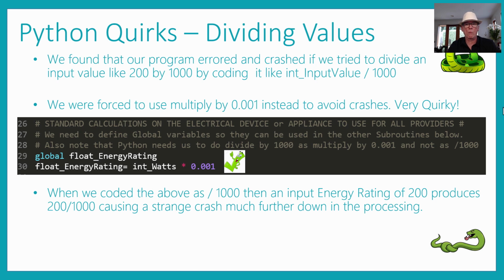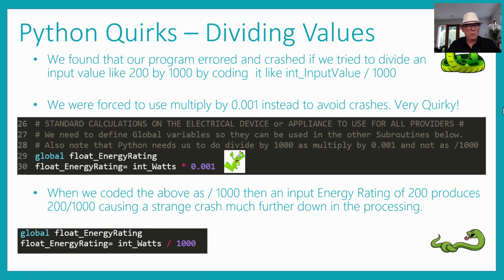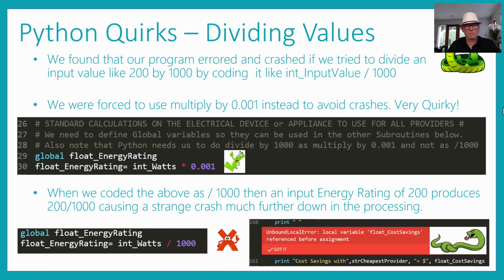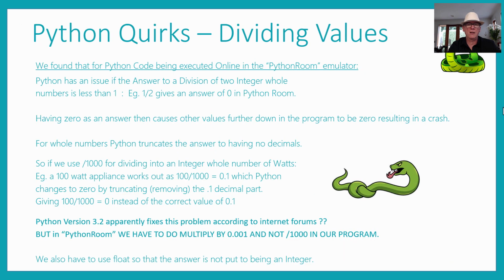So we were timesing by 1 on 1,000 basically, expressed as a decimal 0.001, and that all worked out fine for our program. But if we tried to code in /1000 and do it that way, what happened was that we set it up like this, but then further down in the program, this really weird kind of error happened when it tried to do some numerical calculations. And that was just like a red flag in Python where the program crashed. So yeah, dividing values seems to be a bit iffy.